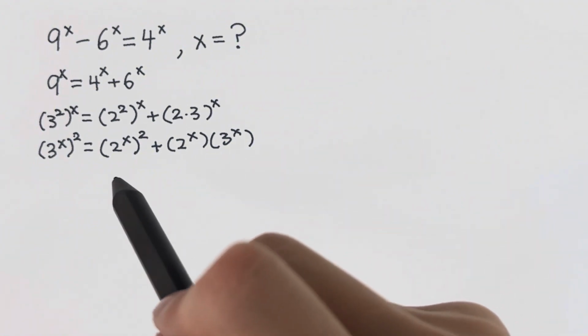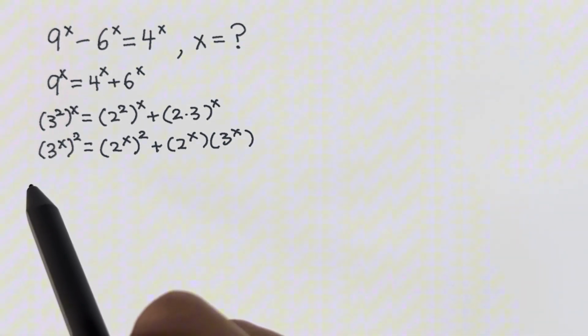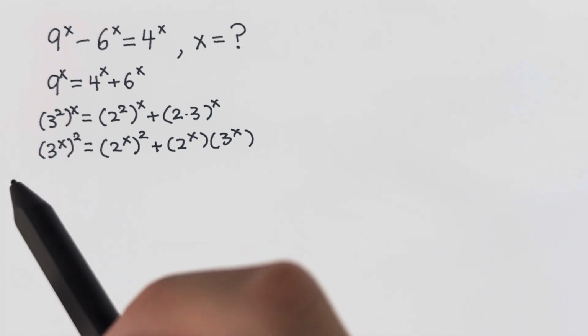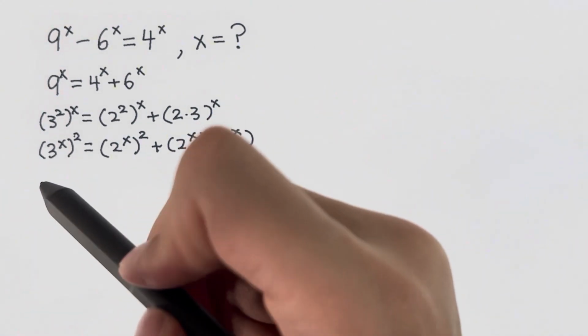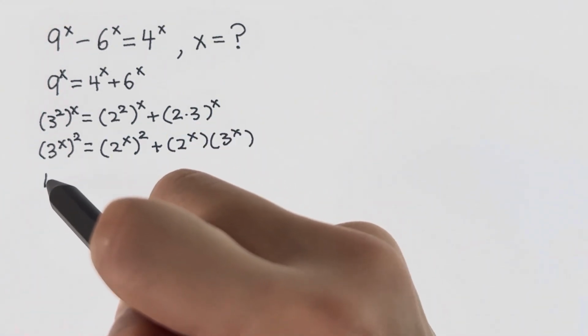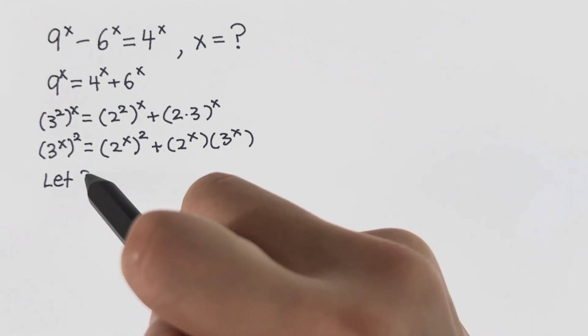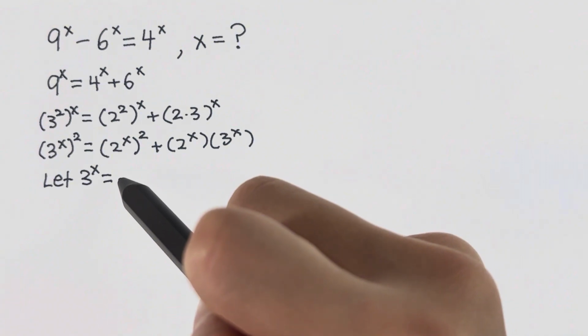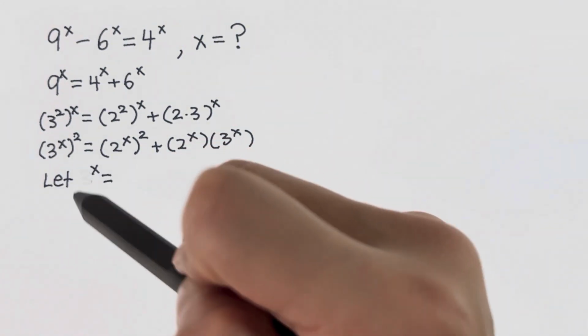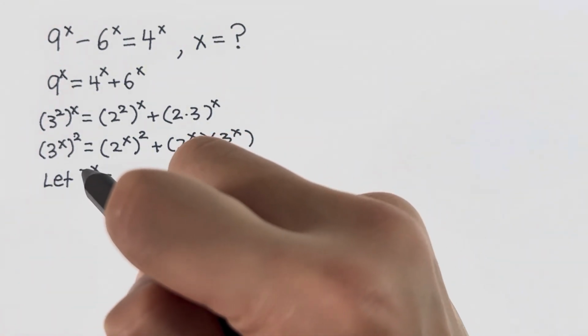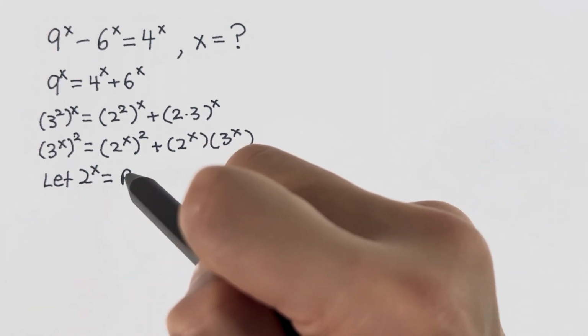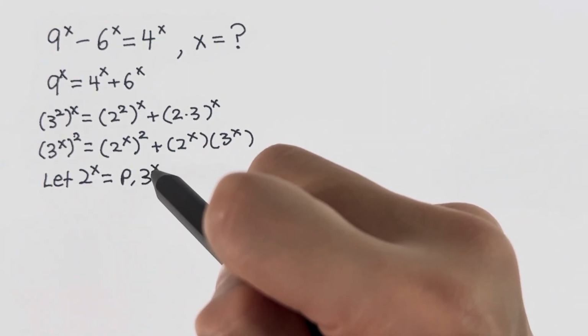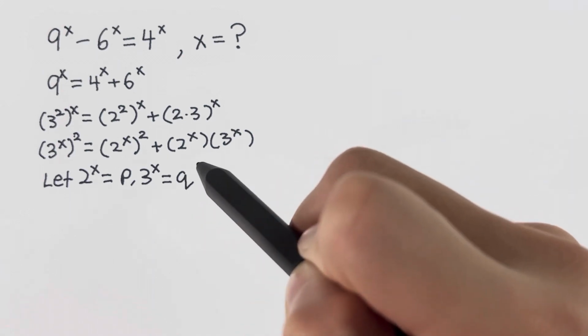And then they have some common parts, 3 to the power of x and 2 to the power of x, which we can set as variables. So we can first let 2 to the power of x equal p, and 3 to the power of x equal q.